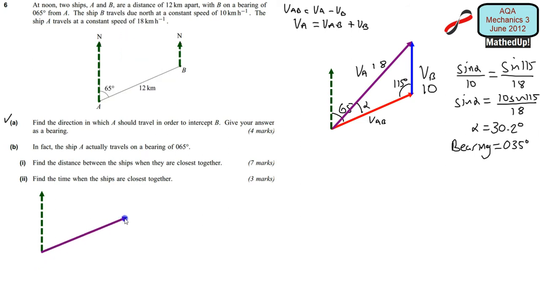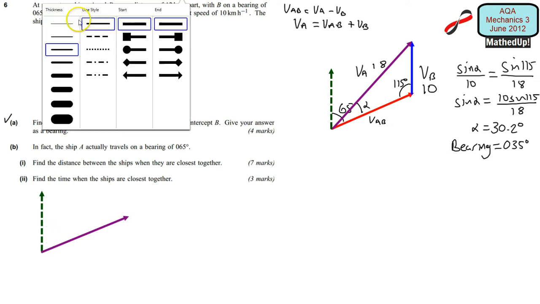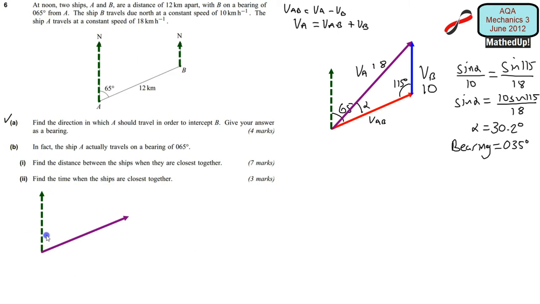It's going in that direction there, with an angle of 65 degrees, and the velocity of A is 18 kilometers per hour. Also we have the velocity of B, going at 10 kilometers per hour.